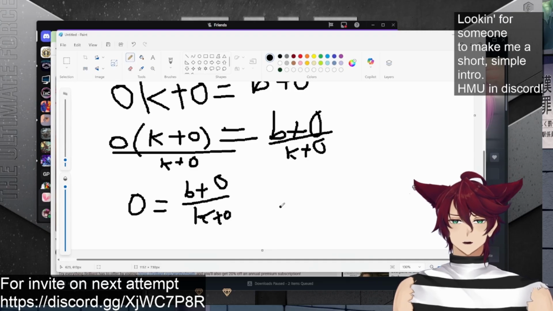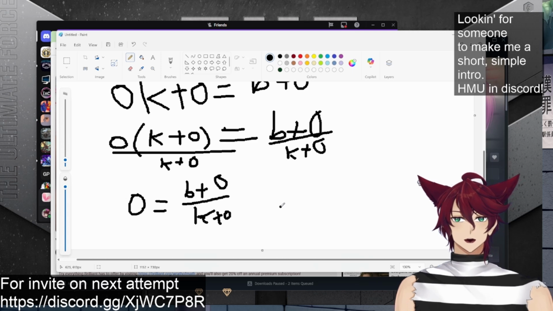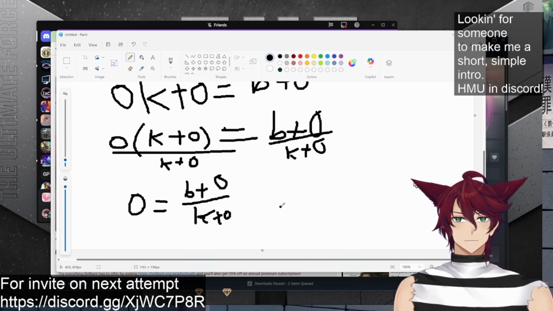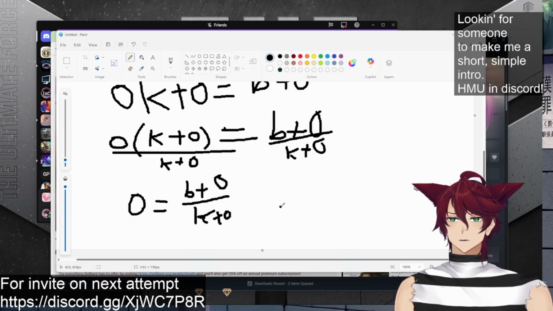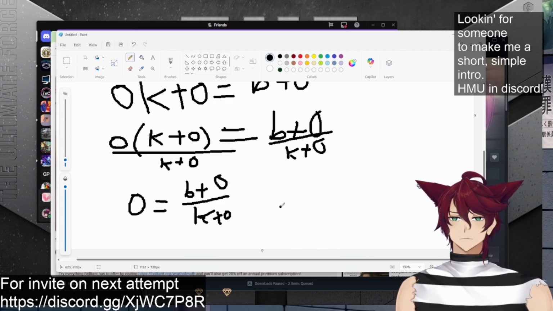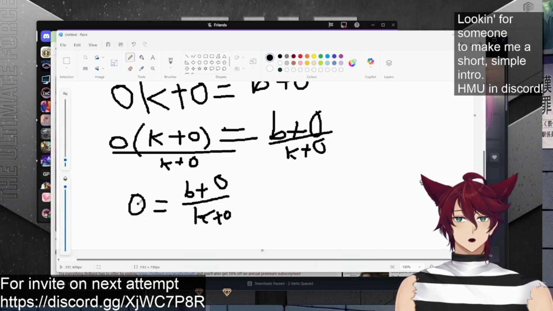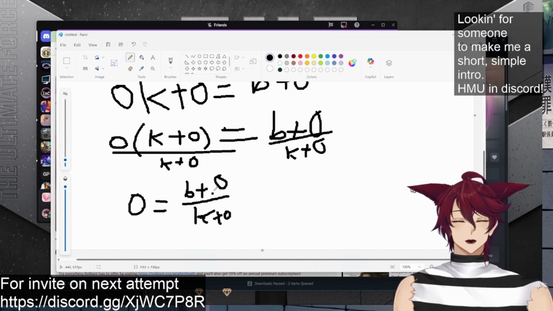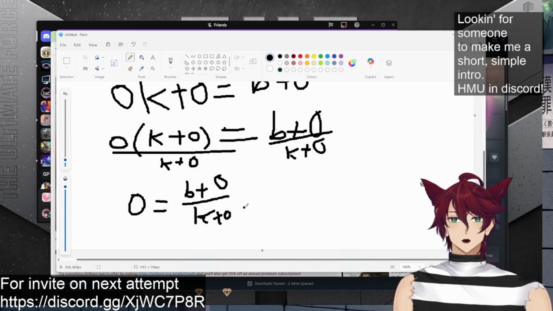Can we do anything with that? If we subtract this from both sides, we have 0 equals this thing, and then we would get 0 equals negative this thing, and we're more or less where we're at anyways.